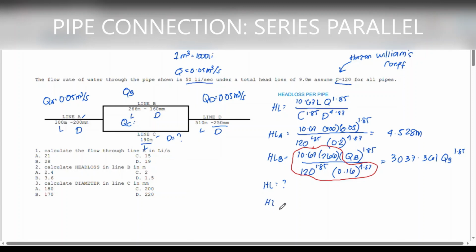So head loss at D is equal to 10.67. L for D is 510 meters.